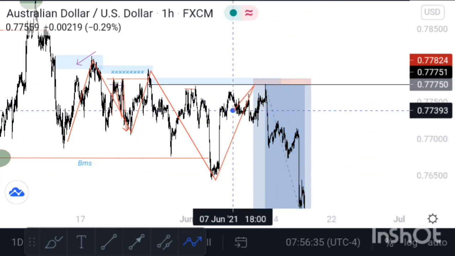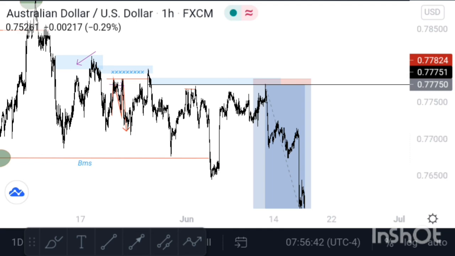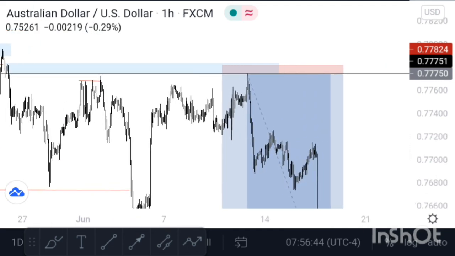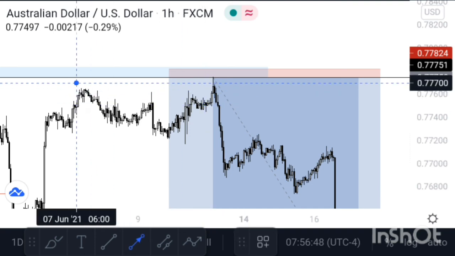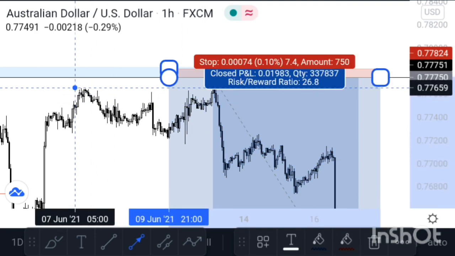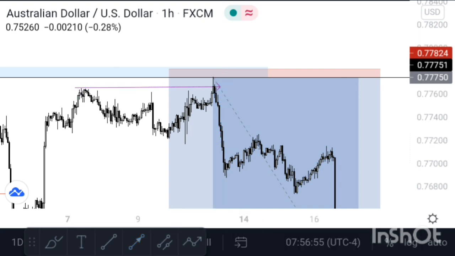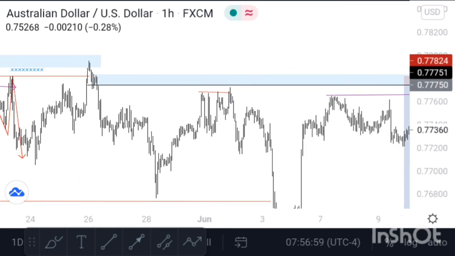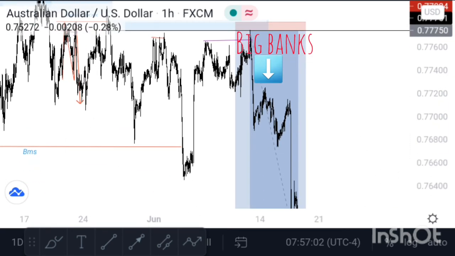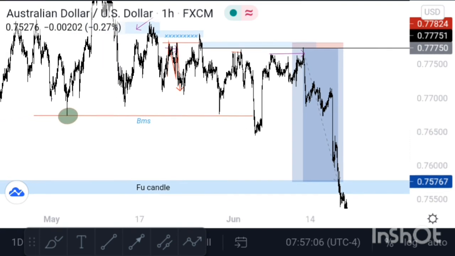Our thinking process behind this was very obvious, because we introduced a lot of early sellers right over here, and then we manipulated the high, and then we touched our unfilled point of interest, and then we went down to our point of interest.